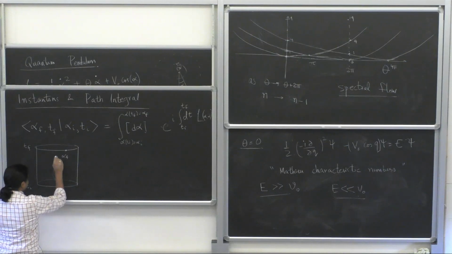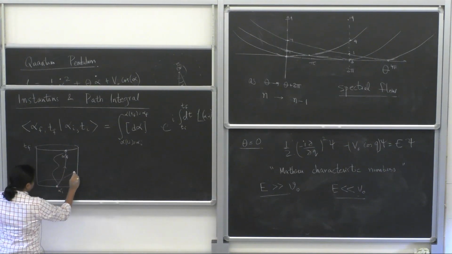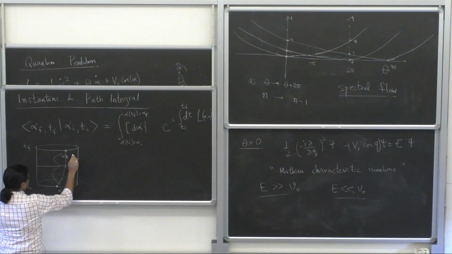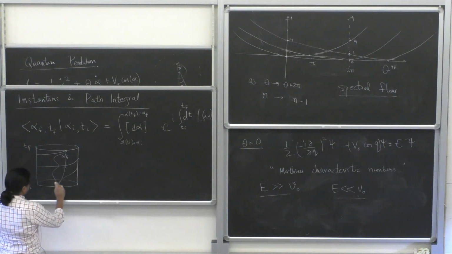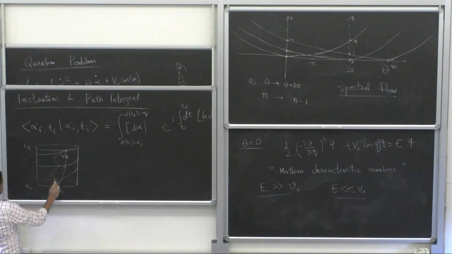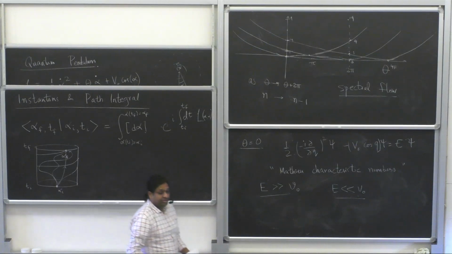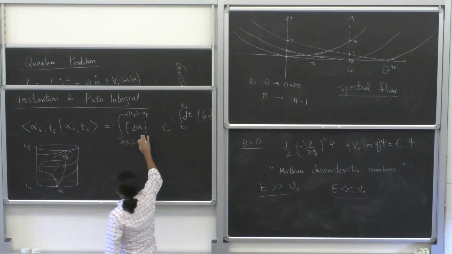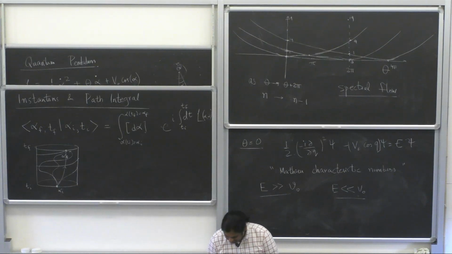There are some paths which look like this, and fluctuations around these paths. There are paths which look like they're winding around, and that are also included in the quantum mechanical path integral. There are paths which wind around but then double back out. So all paths you can imagine on the cylinder contribute to this sum over paths in the quantum mechanical integral.